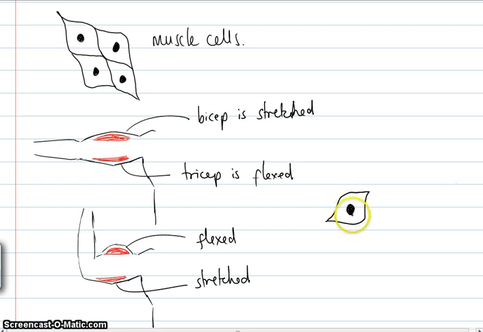Short and wider because it's contracted, it's flexing. Whereas when it's stretched, it's looking more like this. So for example here, these muscles in these situations, they are stretched. Whereas these muscles here, they are flexed. So they can actually change shape.